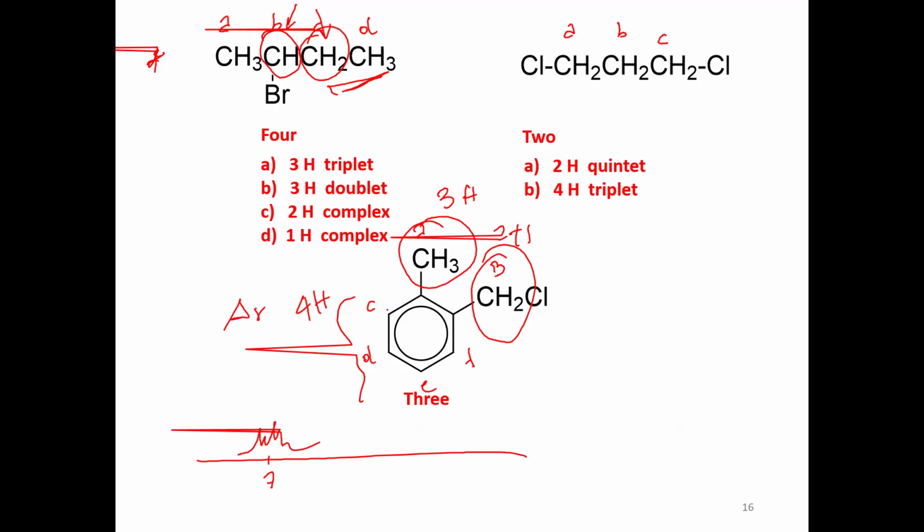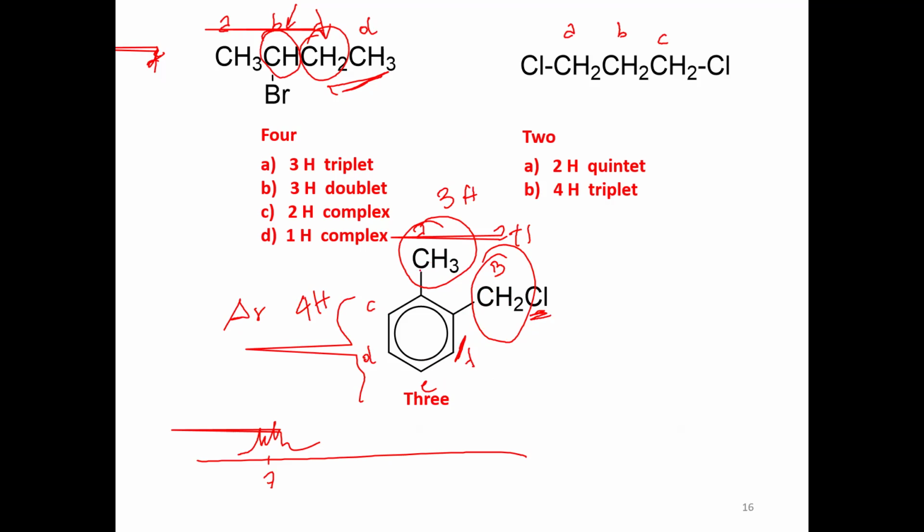But you should see the splitting. Ideally, you should see the splitting of C, D, E, and F. This one is an aliphatic group, but has a strong electron-withdrawing group on this side and another on the other side. So this one is influenced by a methylene, more shielded than this one.